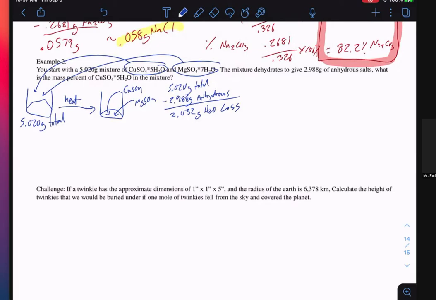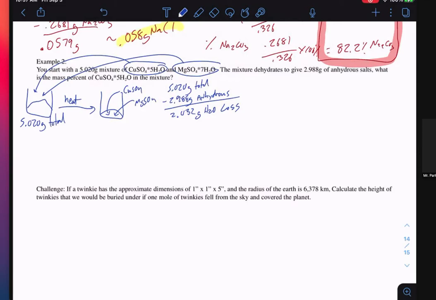So, here is the difference from the first example. Both of these components of the mixture are changing. It's not just one. Both of them are. And since they both are, and we don't know by what amount, we're going to have to use a system to solve this.